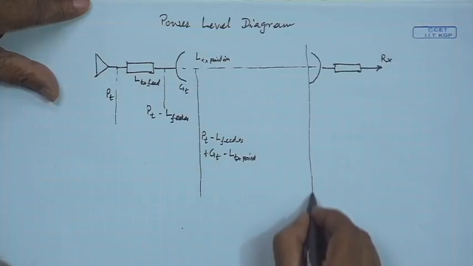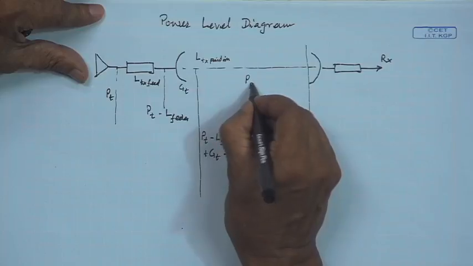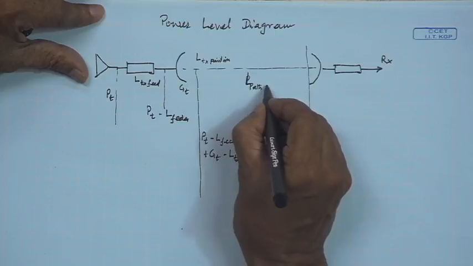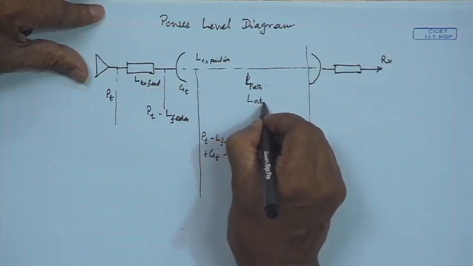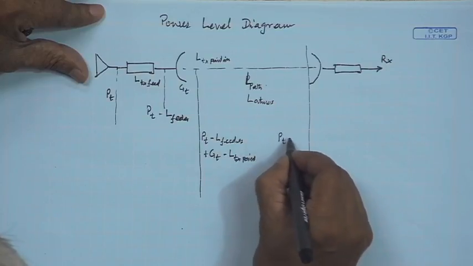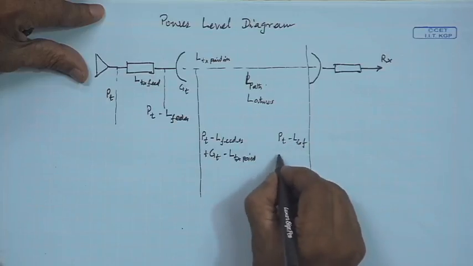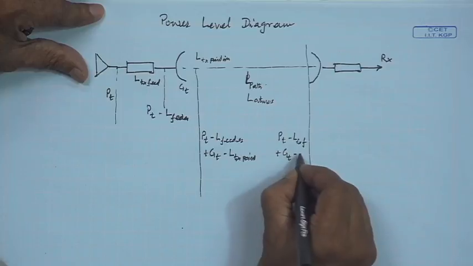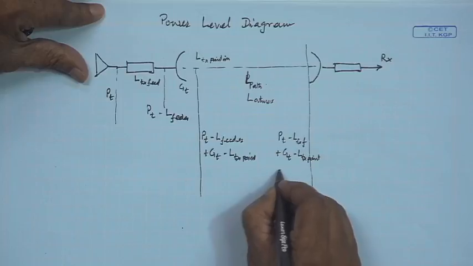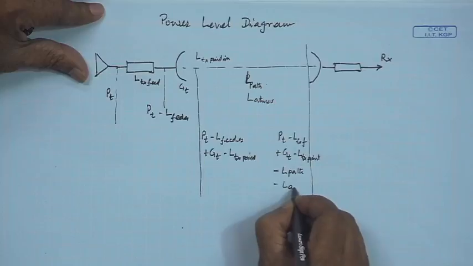Now, before it reaches the receive antenna, we have the loss due to path and loss due to atmosphere. So, you can say PT minus loss due to transmit feeder plus GT max minus loss due to transmit pointing minus loss due to path minus loss due to atmosphere.